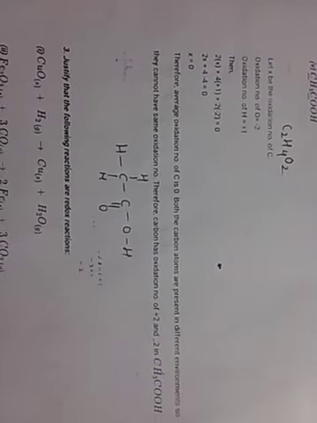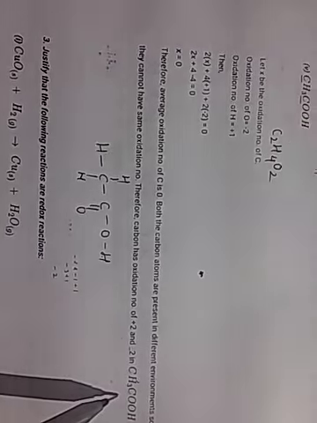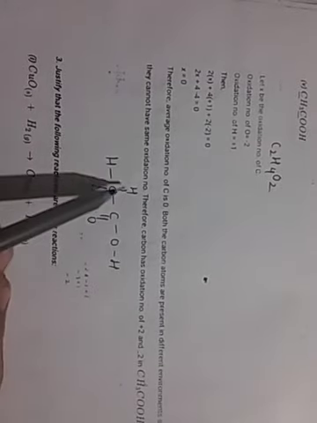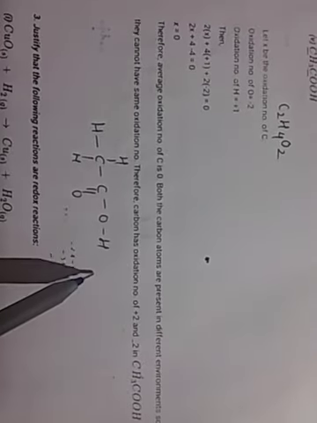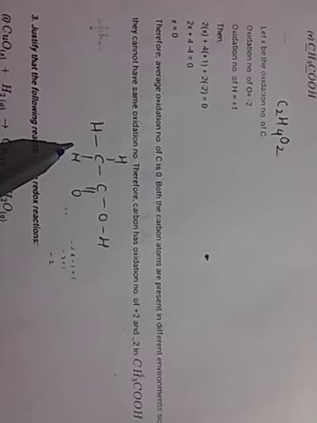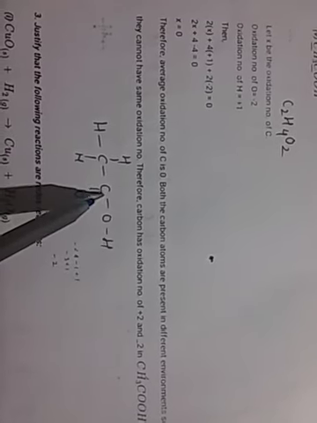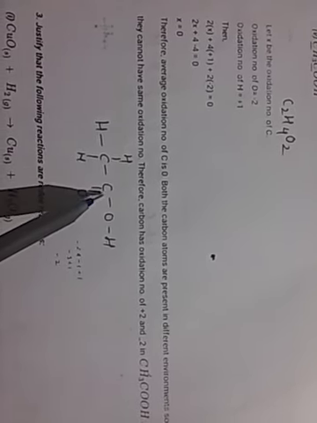But both the carbon atoms are present in different environments, so they cannot have the same oxidation number. Therefore carbon has oxidation numbers of +2 and -2 in CH3COOH. Here you see the structure of CH3 and COOH. This carbon is attached to +3, and here is the other carbon. First we find this carbon's oxidation number.